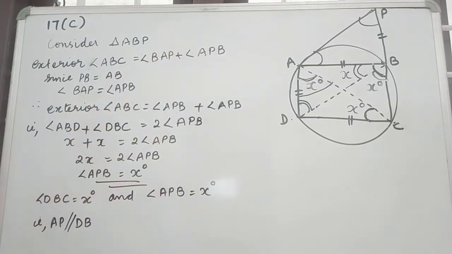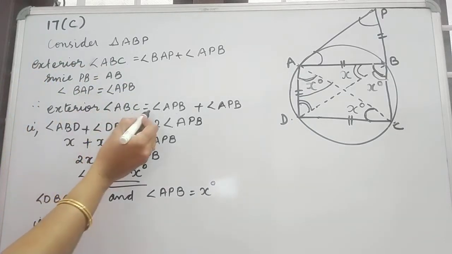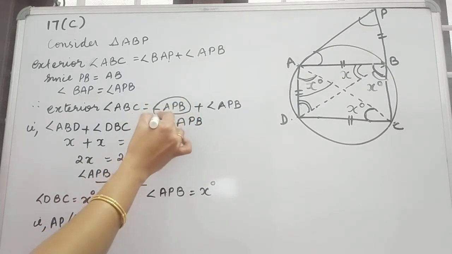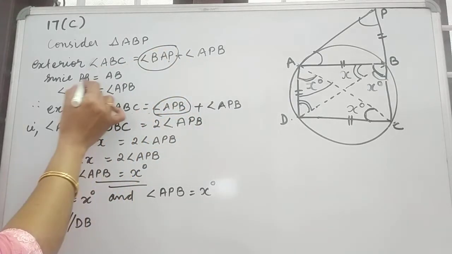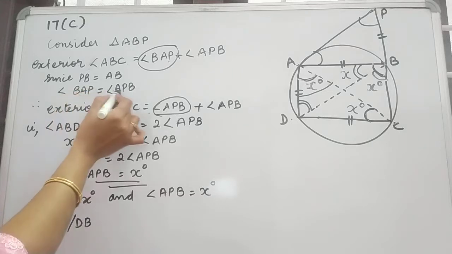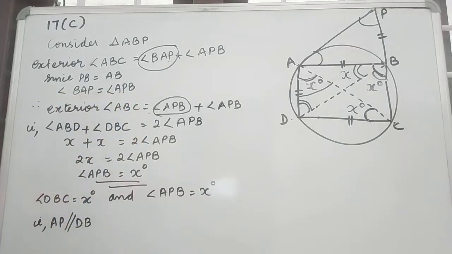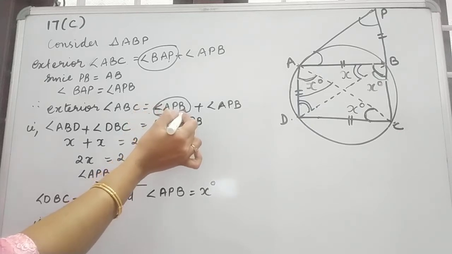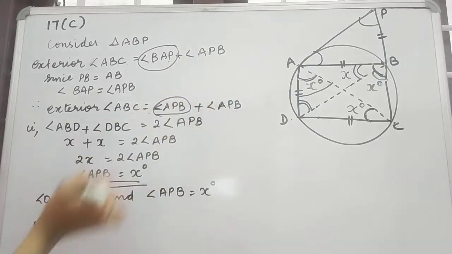So exterior angle ABC is equal to angle APB plus angle APB, because these two sides are equal.